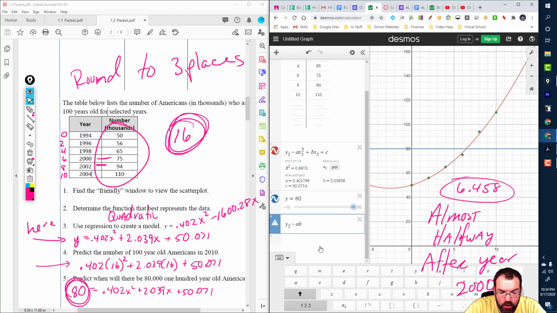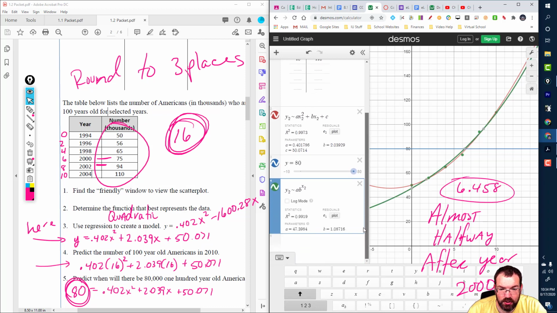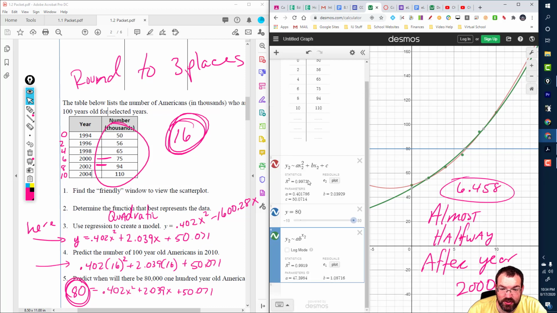I have to make an exponent there, to the x, and then make that a sub 2. Now, you're like, well, that's 99.19. This is 99.73. So this one's still even better. This is how you would type in your exponential regression. I think we might have one problem like that. Not too much.